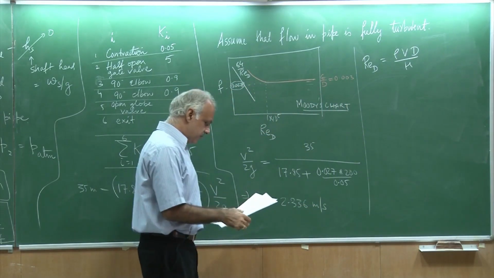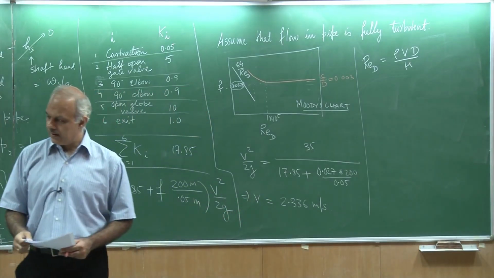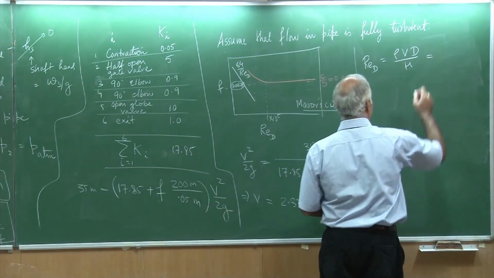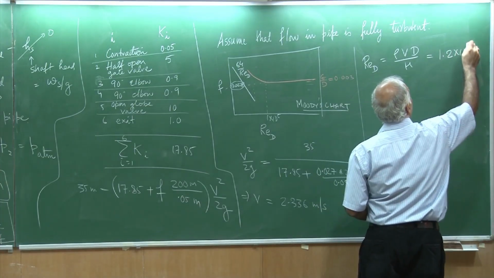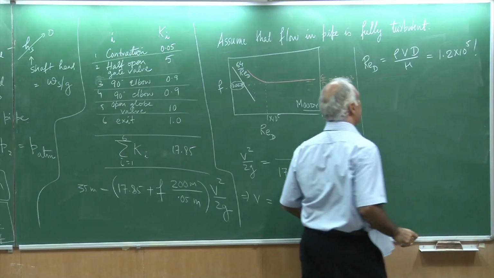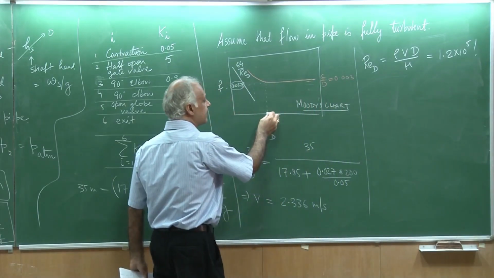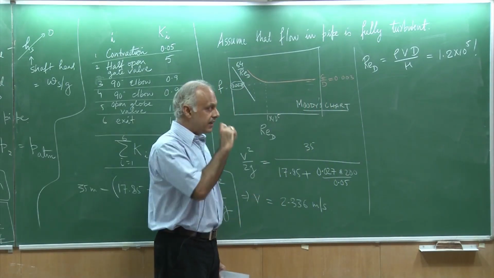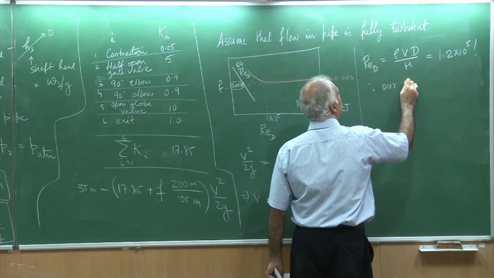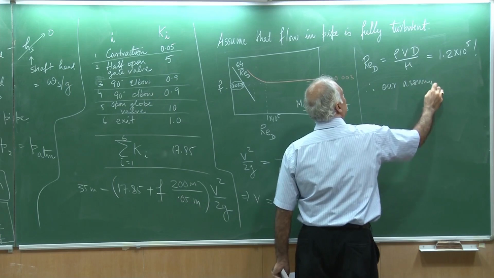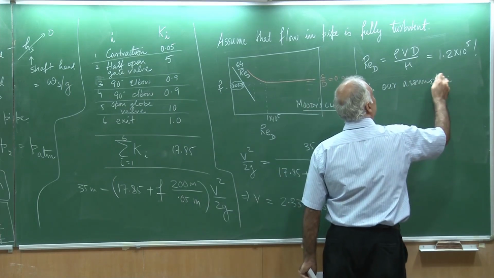If I plug this value of v, I would get this as 1.2 into 10 to the 5th. And indeed, this is larger than the Reynolds number that we had assumed. Therefore, our assumption holds.